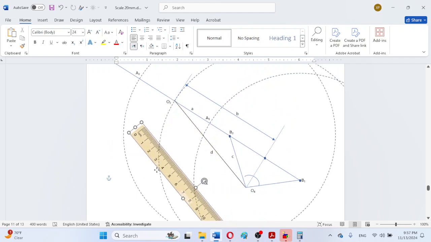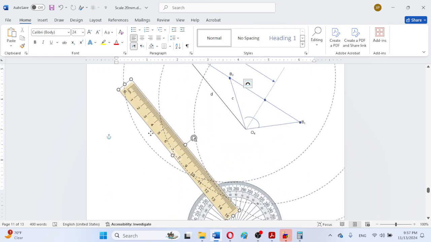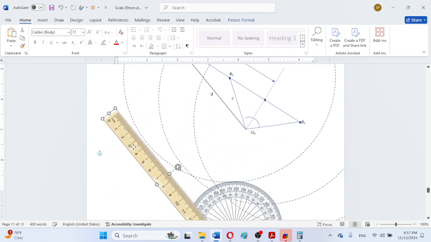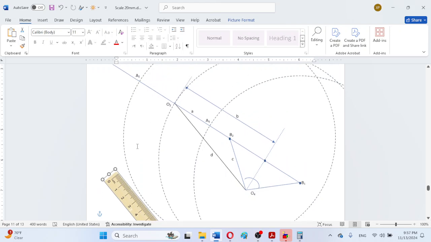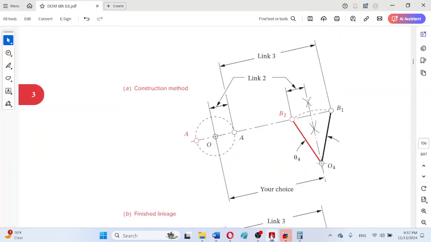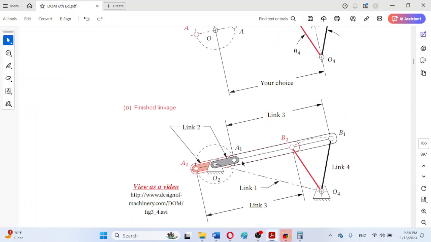After that, as we observe that the Grashof law has been satisfied, if we want, then we can just like in this figure, sketch these links.